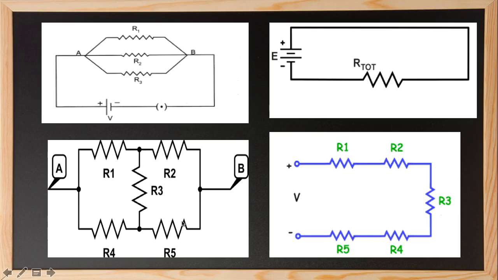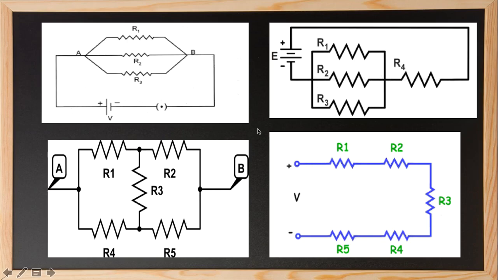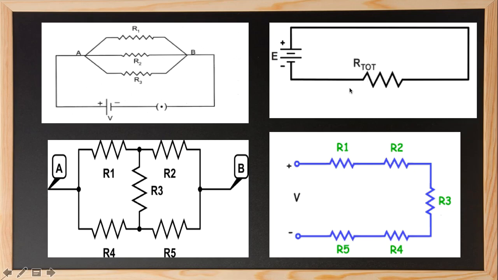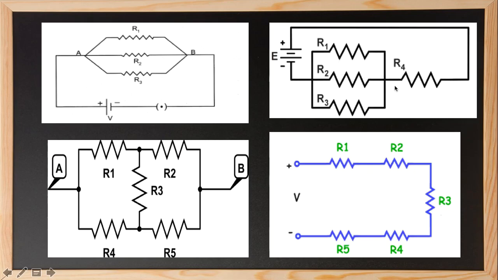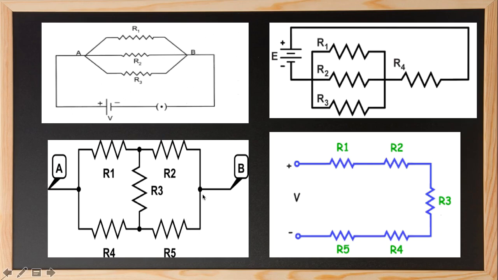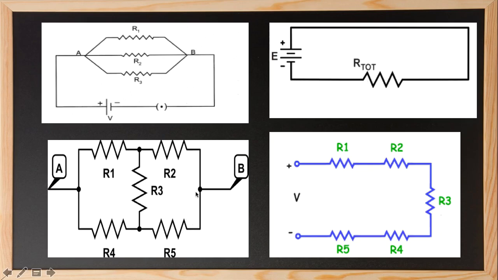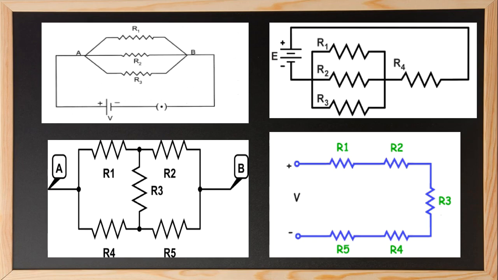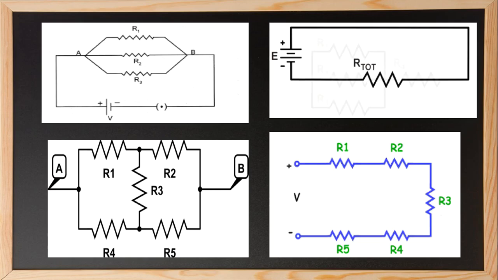But if you observe these two circuit diagrams, you can see both parallel and series. These are parallel, and these two are in series. In such a diagram, there are combinations of resistors showing both series and parallel connections.